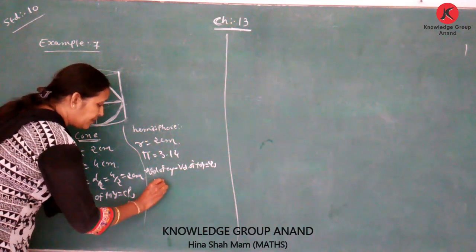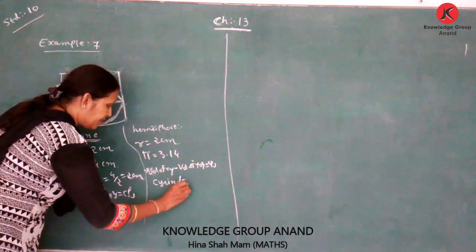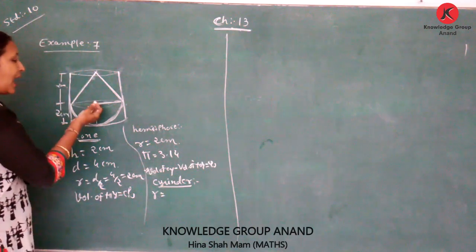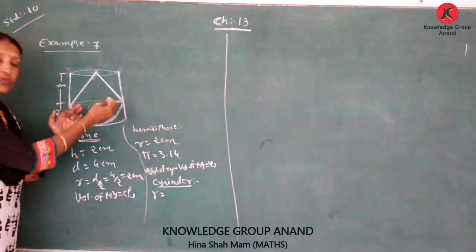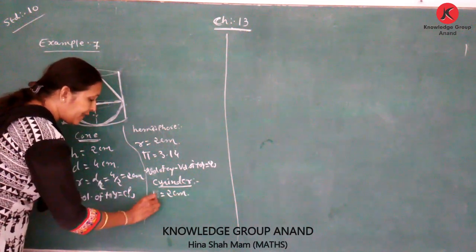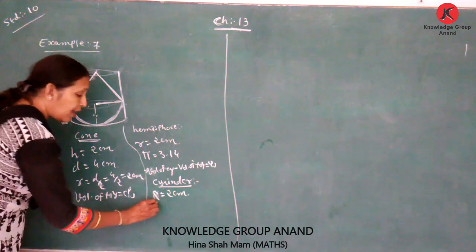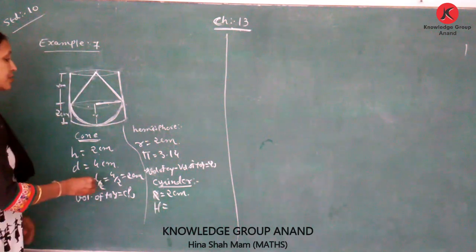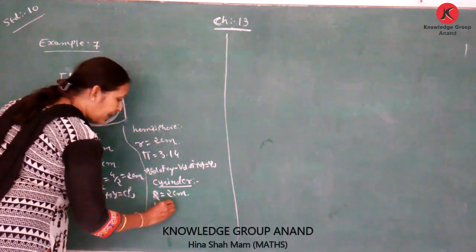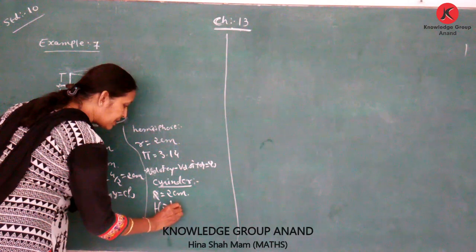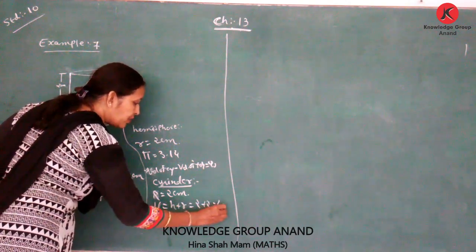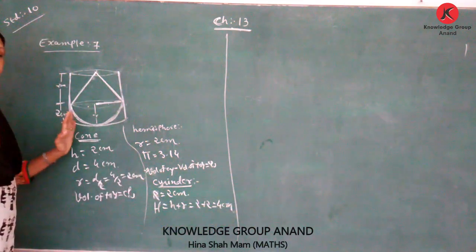For the cylinder, the radius r is 2 centimeter and the height is 4 centimeter.